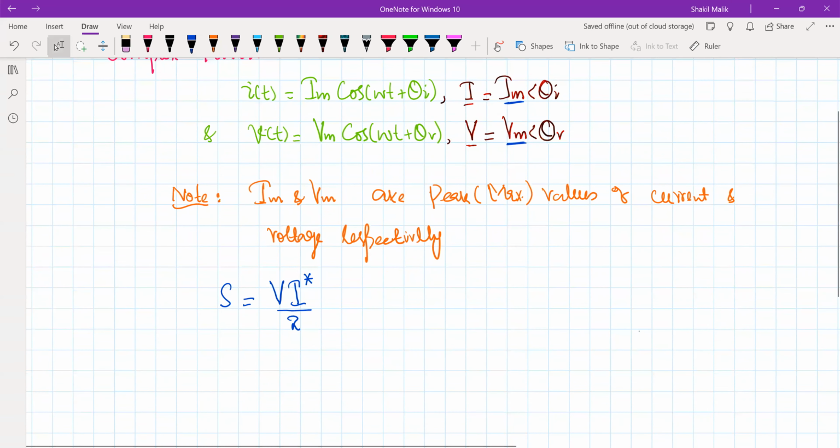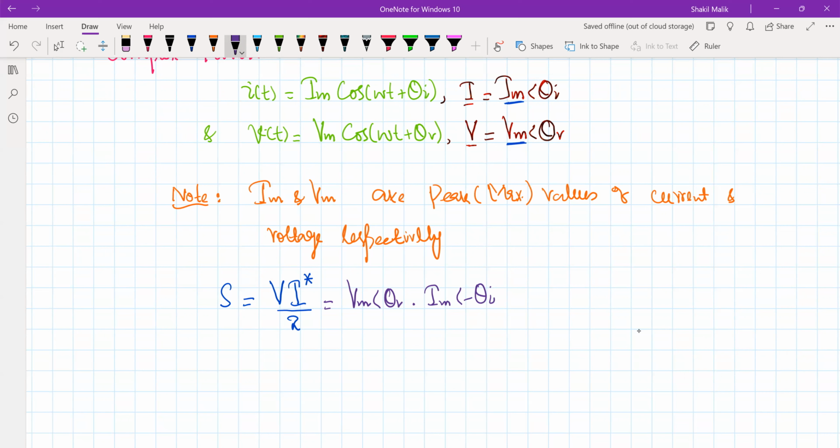If we substitute the value of the V phasor, V is simply Vm at an angle of theta V, and the complex conjugate of the I phasor will be Im at an angle of minus theta I.